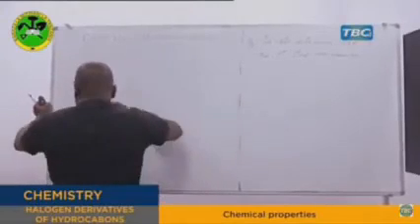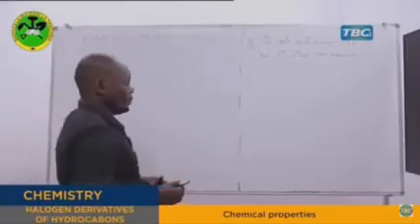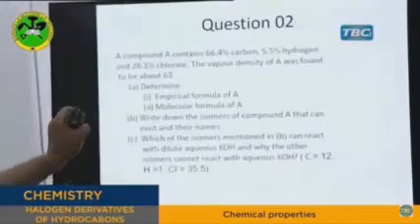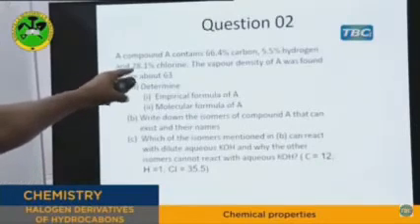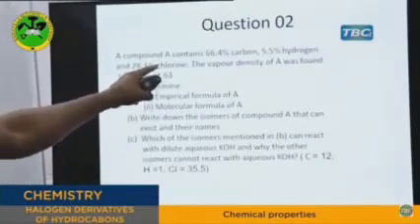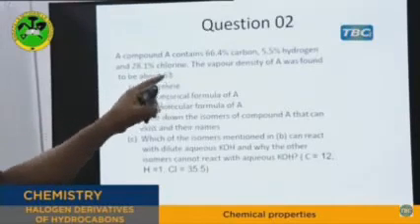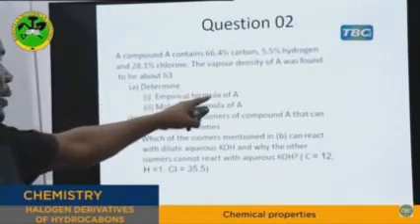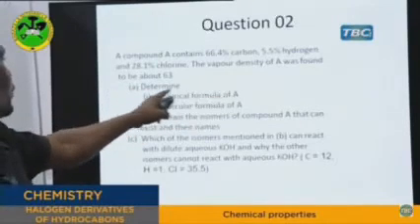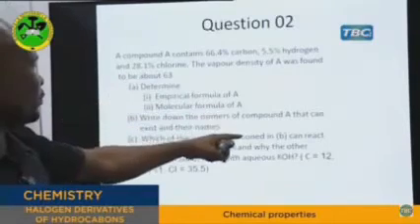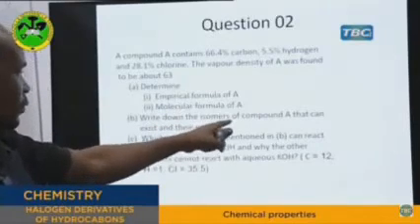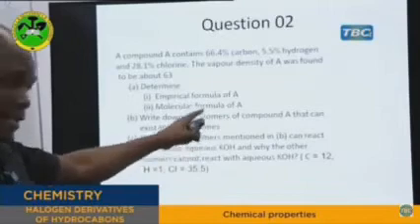In the second example, we have a question which states that a compound A contains 66.4% carbon, 5.5% hydrogen, and 28.1% chlorine, and the vapor density of A is given. Determine the empirical formula of A, the molecular formula of A, and write down the isomers of compound A that can exist and their names.